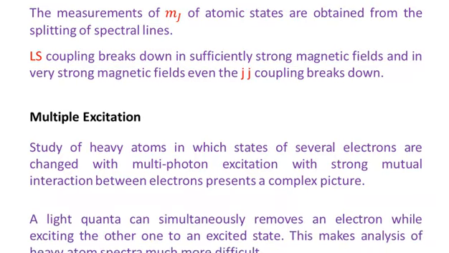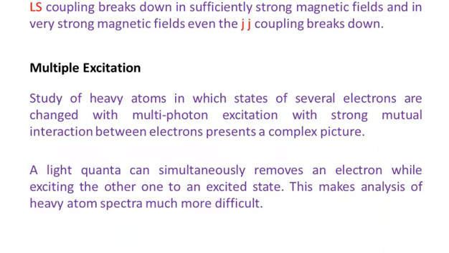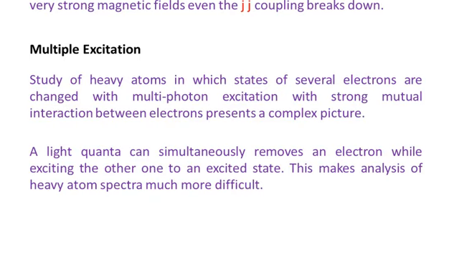The case of multiple excitations, especially for the heavier atoms, is much more difficult to analyze, because in the study of heavy atoms in which states of several electrons are changed with multi-photon excitation, the strong mutual interaction between electrons presents a complex picture.